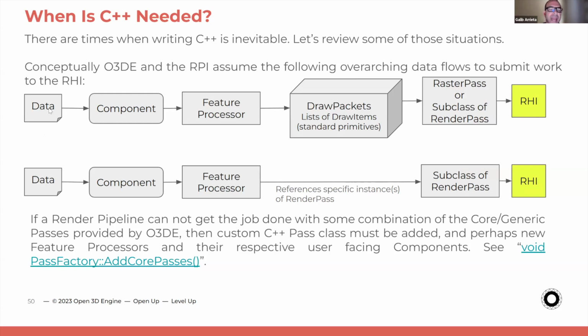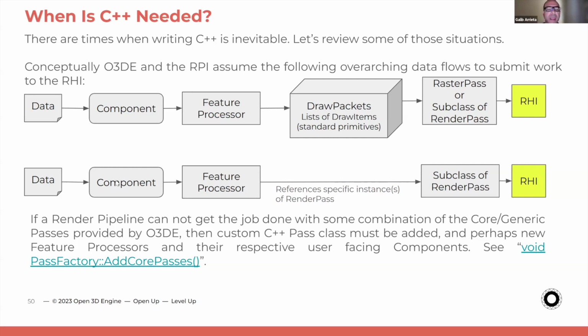So you have data as assets. There is a mesh component. The mesh component gives that data to the feature processor. The feature processor generates draw packets from that data. And eventually those draw packets are distributed across all of the raster passes in the pipeline, in whatever is the current pipeline.